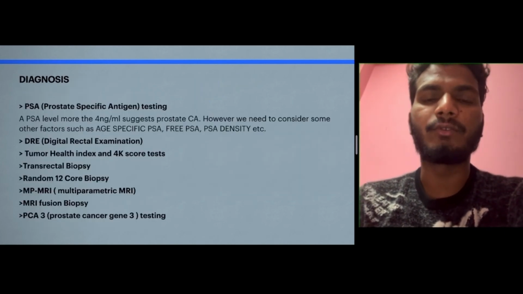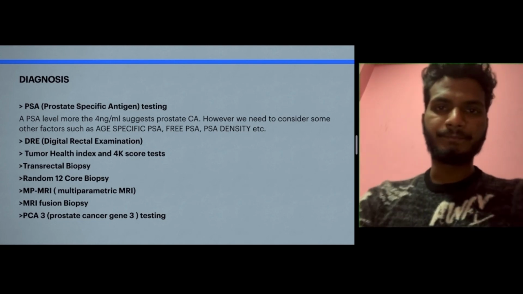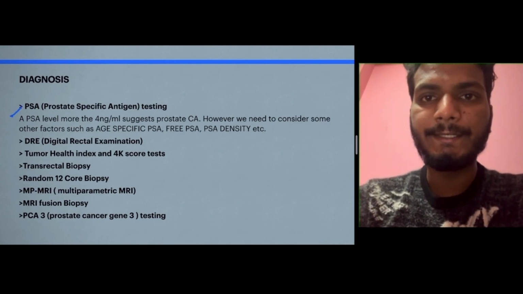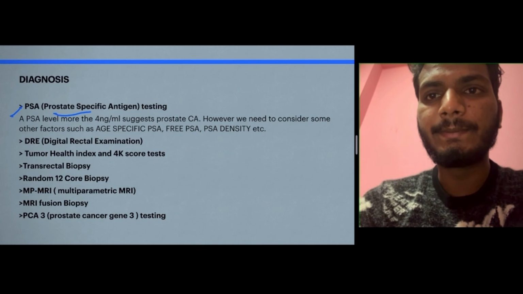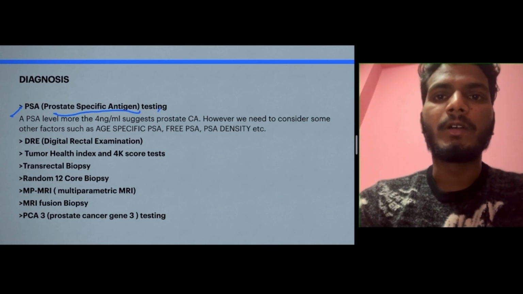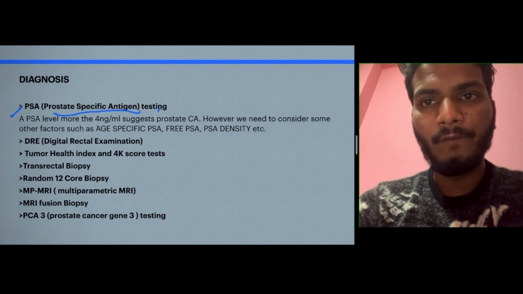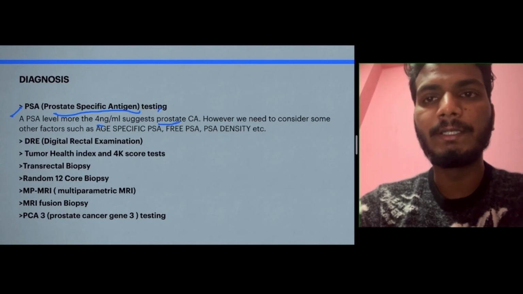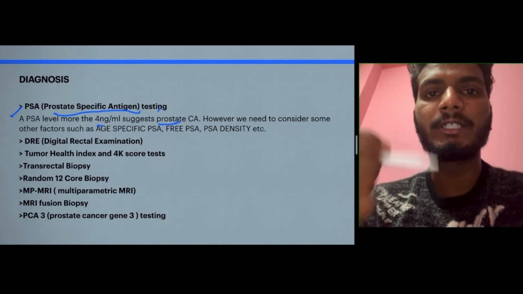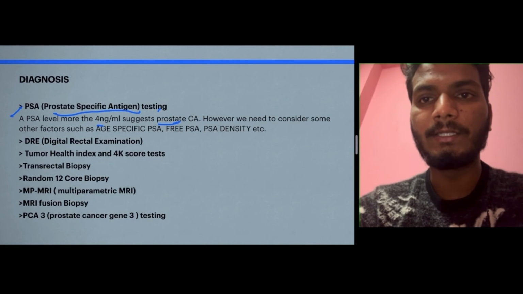Then we will move to the diagnosis. Diagnosis involves this test: PSA, prostate specific antigen testing. So a level of more than 4 suggests there is prostate cancer. It is not the hallmark, but it suggests there is malignancy when it is more than 4.